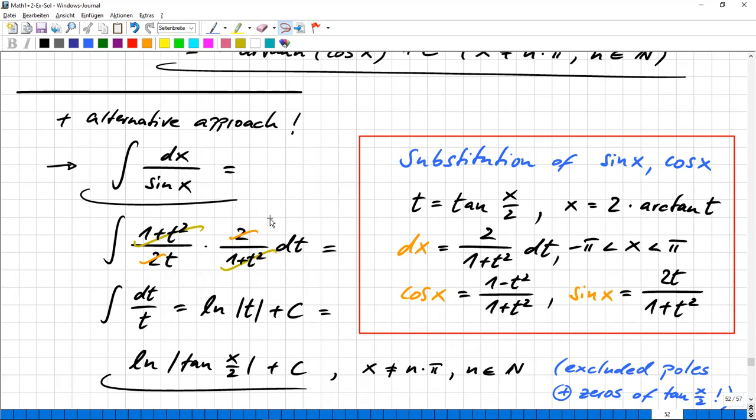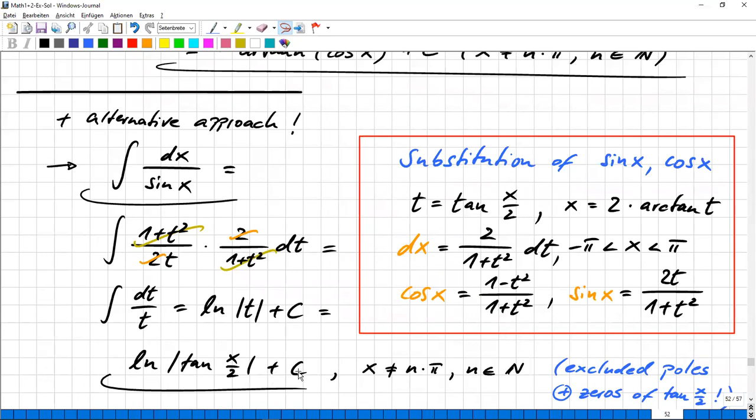Then I can cancel out these two terms, as you see in golden color, and also the factor of 2 here and here. What stays is simply the integral of dt over t, which equals ln of the absolute value of t plus c. Then resubstituting, I get ln of tangent of x over 2 plus c.